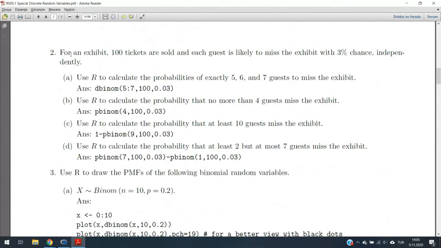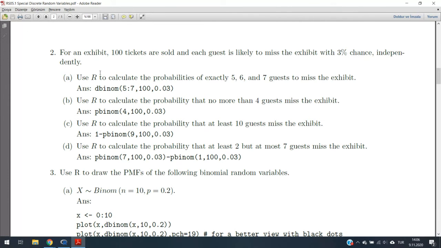Now let's solve a practical question. For an exhibit, 100 tickets are sold, and each guest is likely to miss the exhibit with 3% chance independently. In this experiment, we are basically repeating a Bernoulli experiment 100 times. If we consider a guest missing the exhibit as a success, the success probability will be equal to 0.03. So there are 100 experiments here, and the success probability for a miss is 0.03.